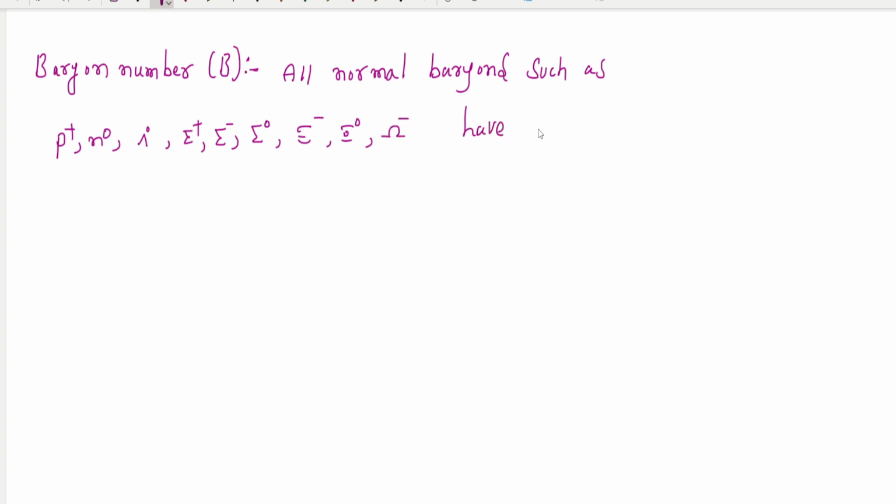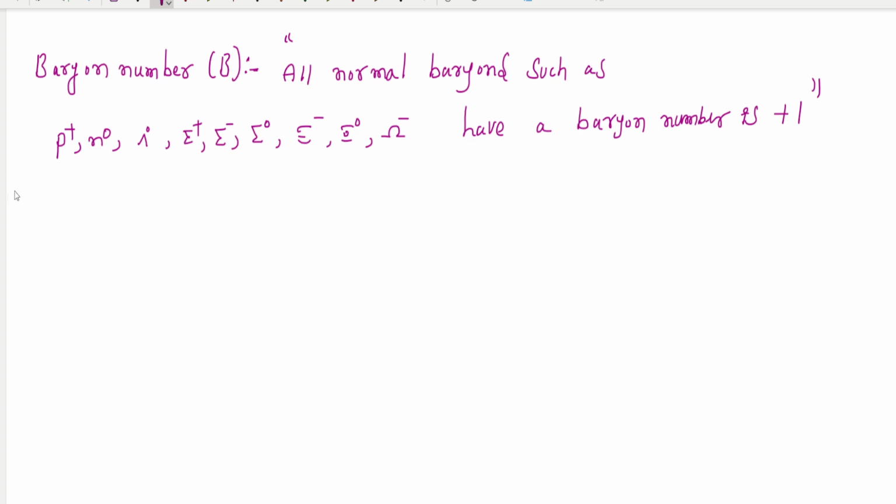These have a baryon number of plus 1. Baryon number is plus 1. I need to write this in quotation marks.